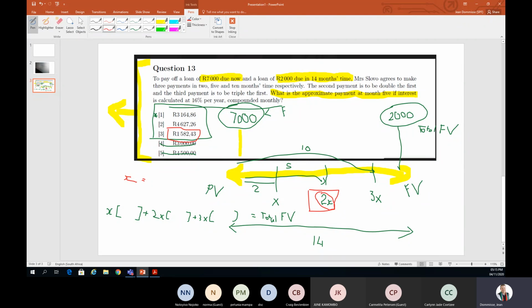So the method that they were talking about is easier, because that actually brings you to that answer automatically. Where I would have gotten to an x answer, but then I still needed to multiply it by 2 to get to that middle point, the 5 month one.